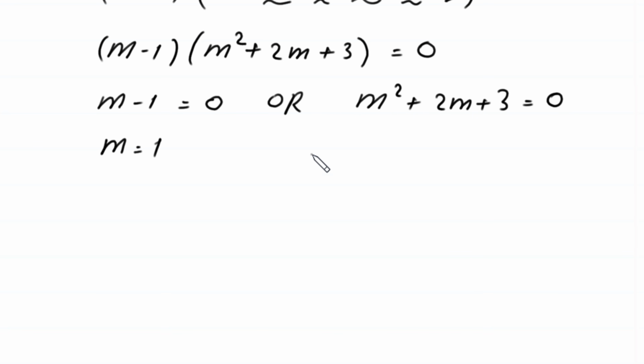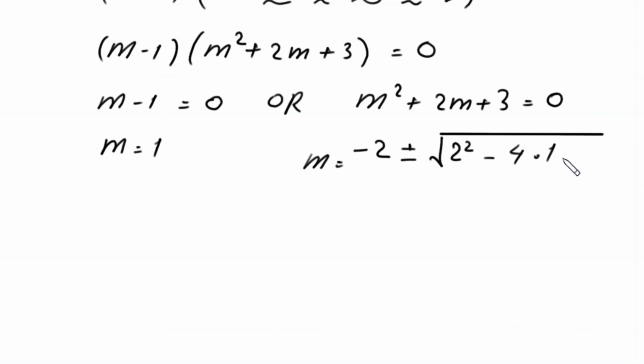This is not factorable, so we solve it by quadratic formula. According to quadratic formula, m is equal to negative 2 plus or minus square root of, in place of b squared we write 2 squared, minus 4 times, in place of a we write 1 times, in place of c we write 3, divided by 2 times, in place of a we write 1.